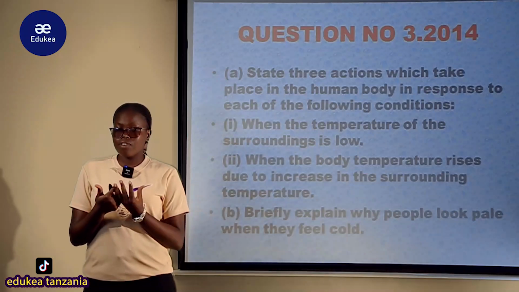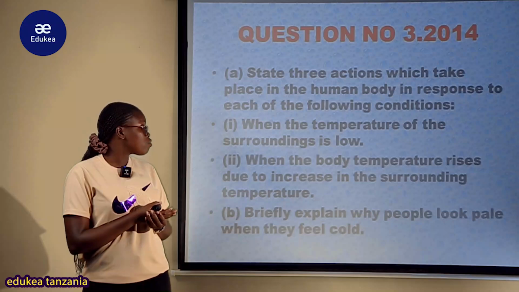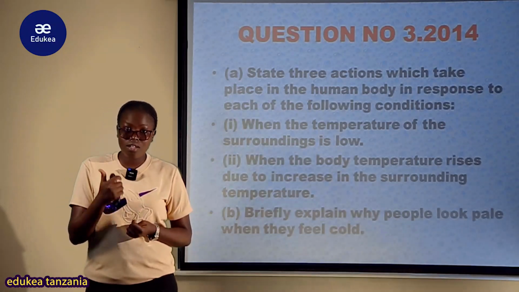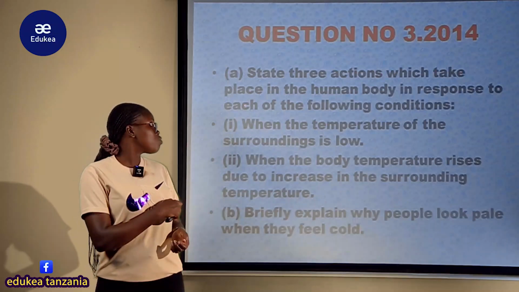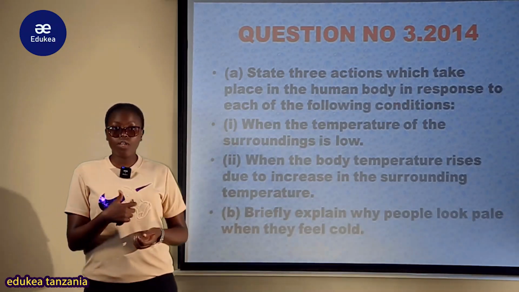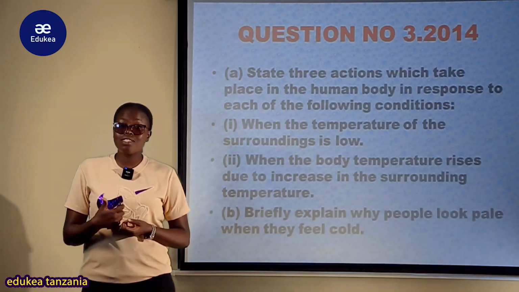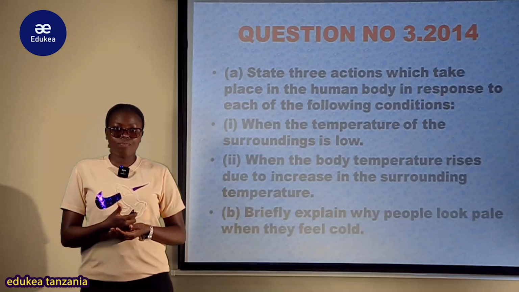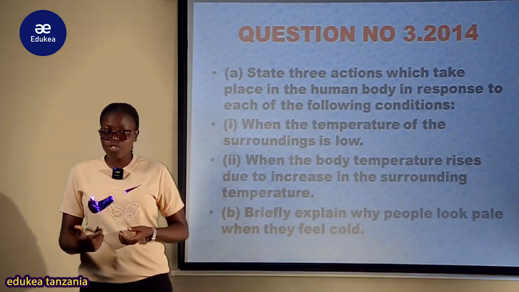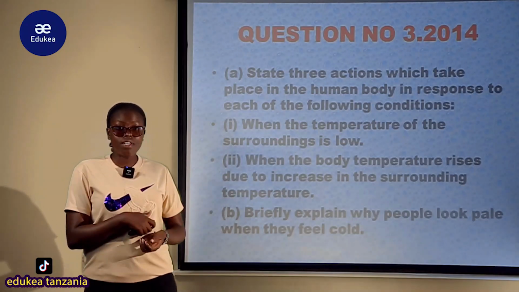Before we answer this question, first of all, we have to follow the instruction. Our question needs you to state only three actions which will take place in the human body in response to each of the given conditions. For A Roman 1, state 3 actions which happen when the temperature of the surrounding is low.